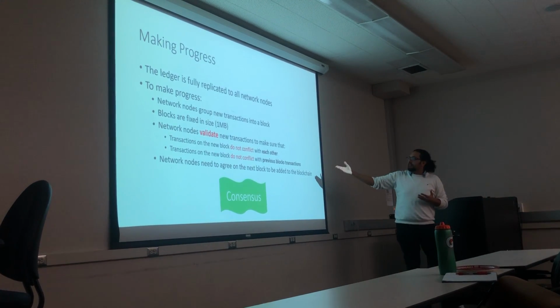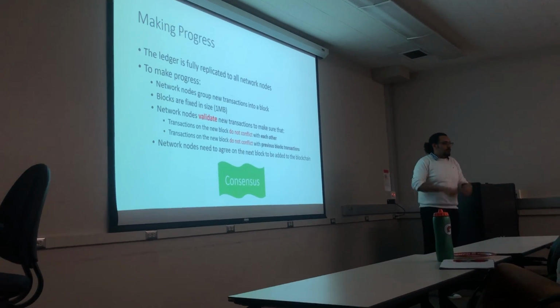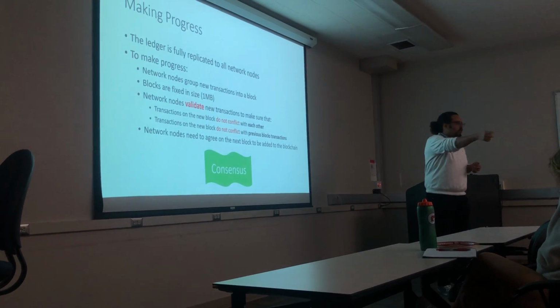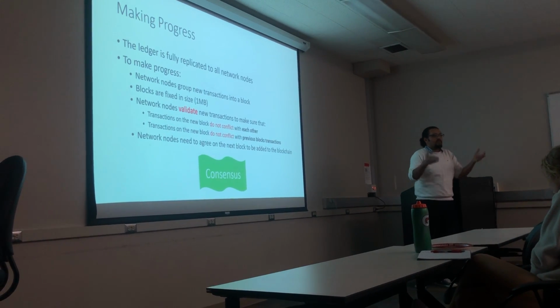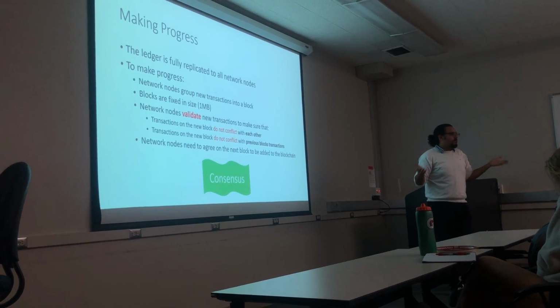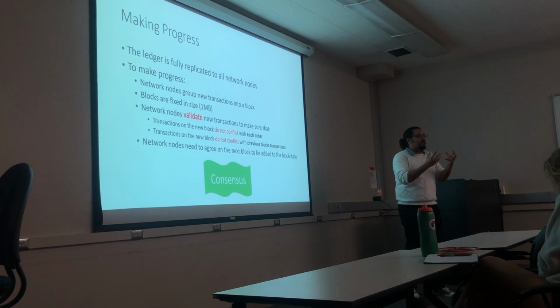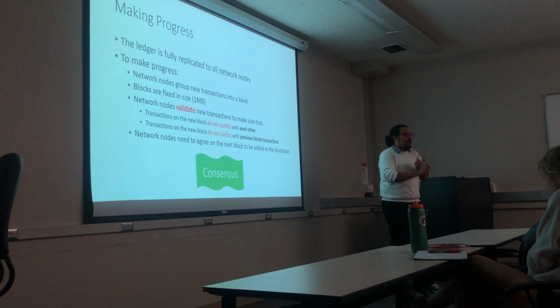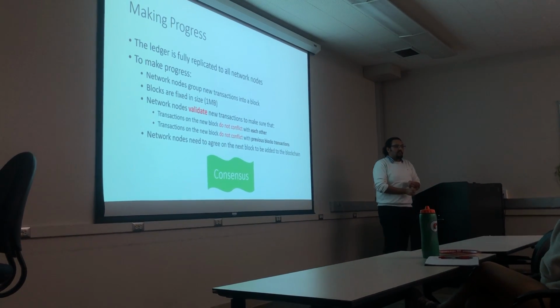While here, it's an open network. Any node can join. You can run a node on your laptop, right? It wouldn't be efficient, but you can theoretically do that. So now, how would we do consensus between a group of nodes that we don't know where they are, how many of them, and what are their identities?